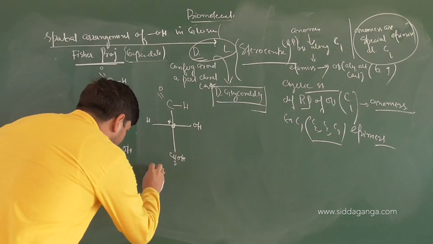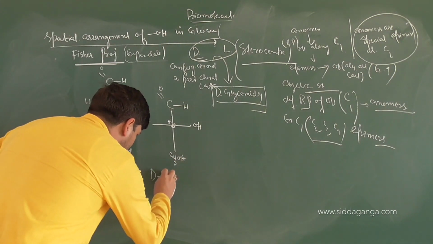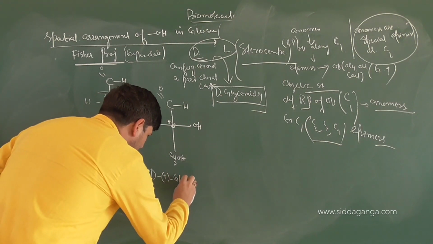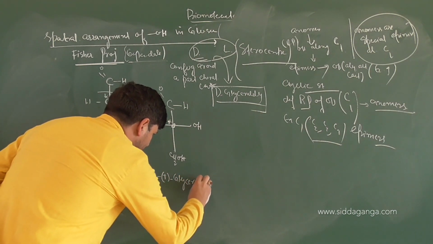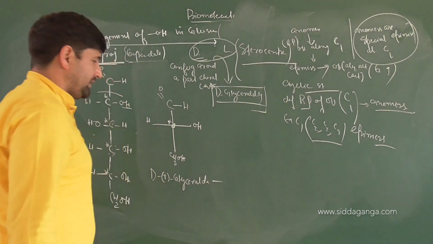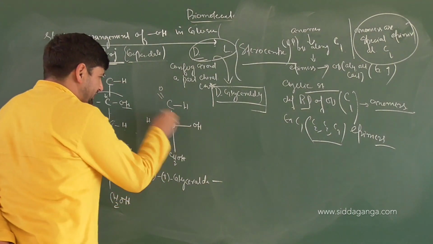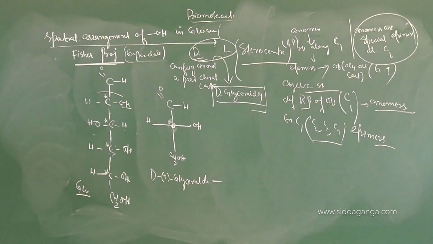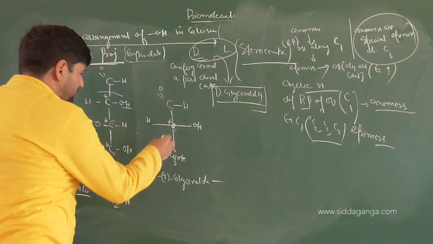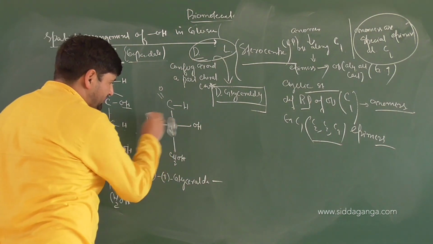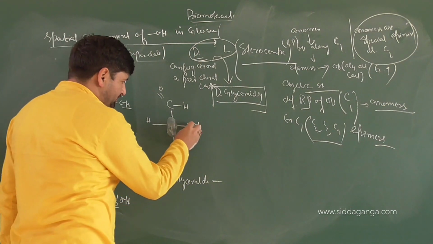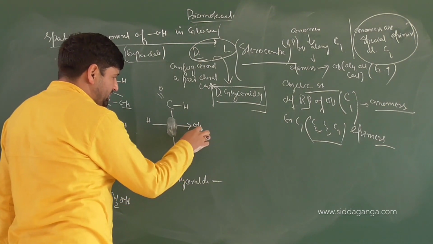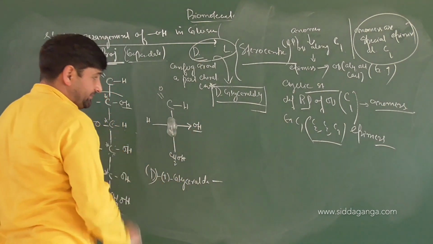So this is also named D plus glyceraldehyde. Now when you look at this stereo center, this is the only stereo center in glyceraldehyde. OH is present on the right. When OH is present on the right, the term D is used for it.